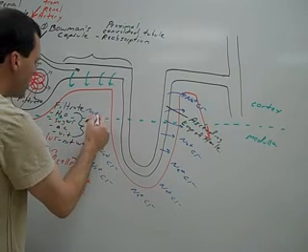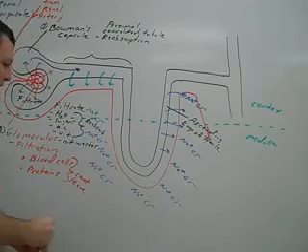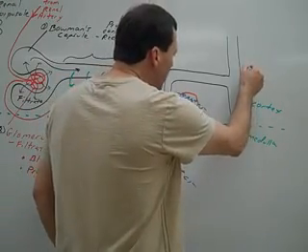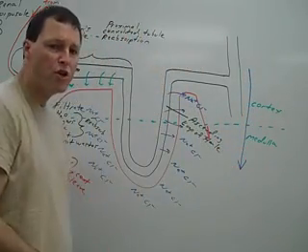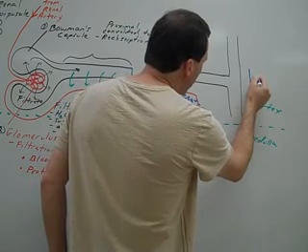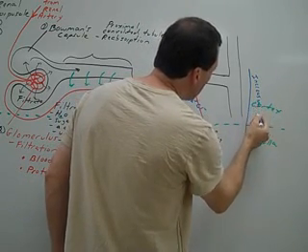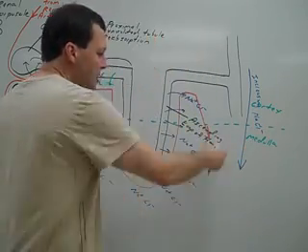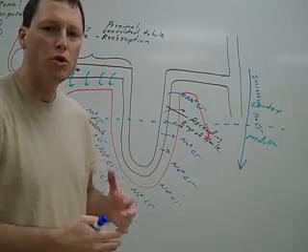And if we draw an arrow here, this arrow represents a concentration gradient: increasing NaCl, increasing salt concentration as we go deeper into the center of the kidney, or the medulla.